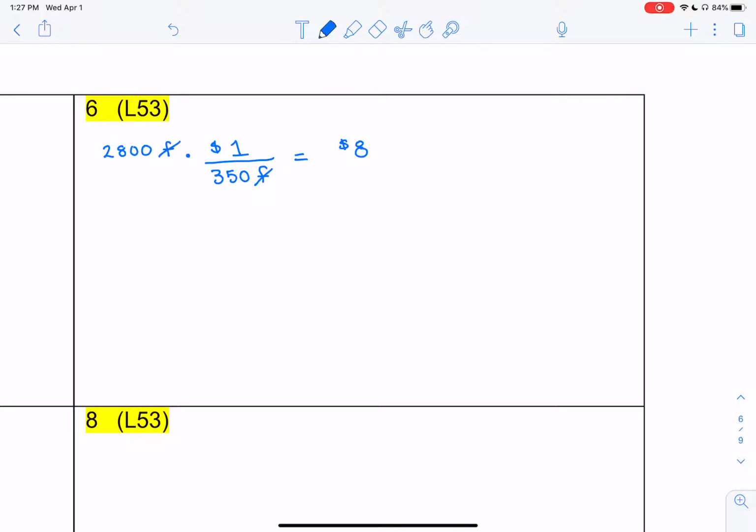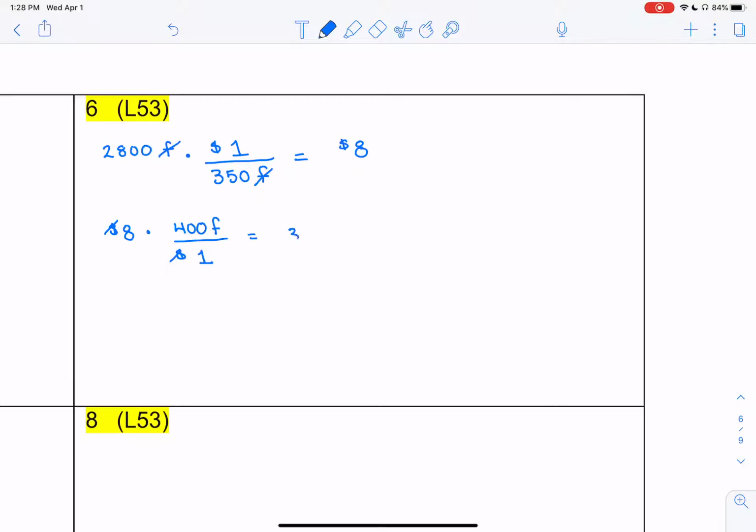All right, then the second part of the question. Then he went to another country and converted back to francs at 400 francs to the dollar. So now I have $8, and I have to convert it back, and I get 400 francs per $1. Okay, so my dollars cancel, and I'm left with francs.